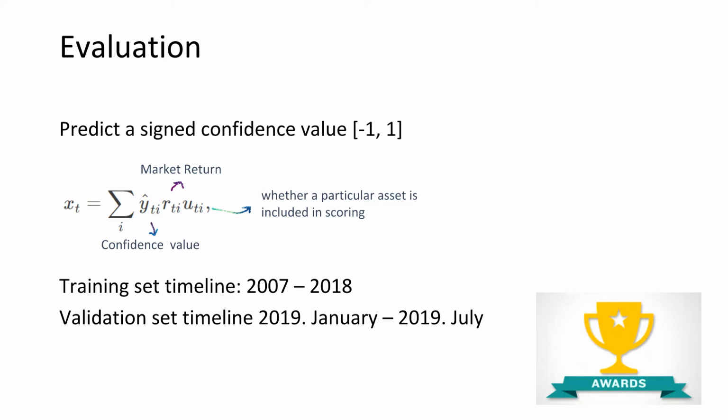Then I think they put the value into this formula, which is the confidence value times the market return times a dummy variable. Normally the stock will be there for a long time because the stock won't suddenly disappear, so normally it will be 1. So it's basically the confidence value times the market return.